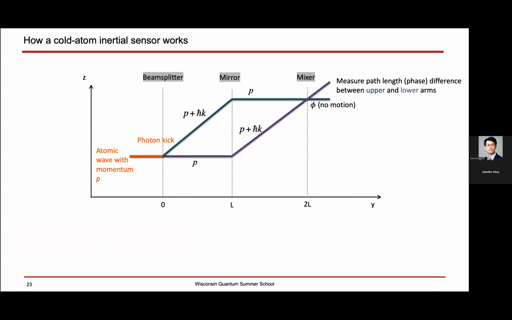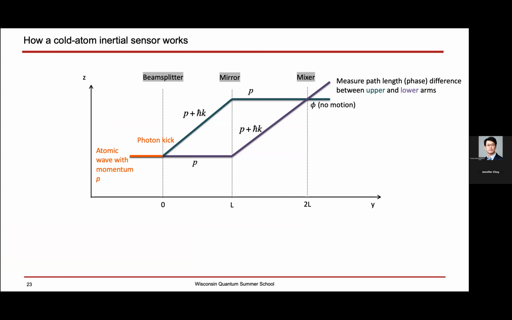And here I wanted to bring in the concept of treating each individual atom as a wave packet, which I alluded to before. But let's say that you have an atom that starts off in the right state, right? Let's say you have a way, because you're confining these atoms with lasers, of accelerating these atoms by just changing the frequency of the laser so that you're using a Doppler effect to push the atoms in one direction.